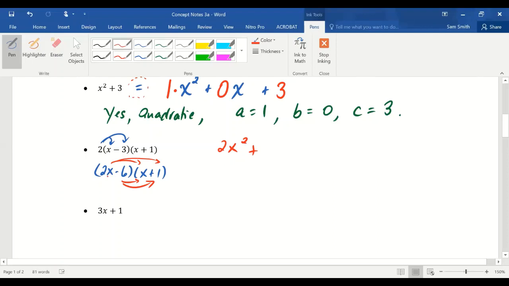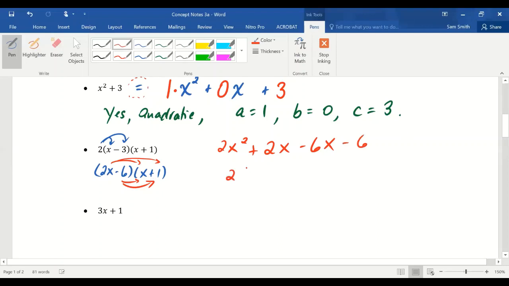Now, looking at the outer product, 2x times positive 1, the result of that is positive 2x. The inner product, negative 6 times x. Not much you can do there. And finally, negative 6 times positive 1.